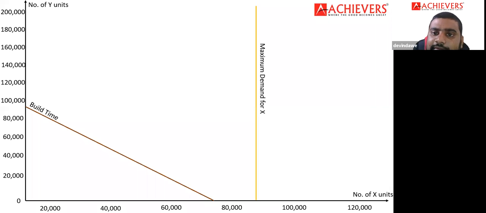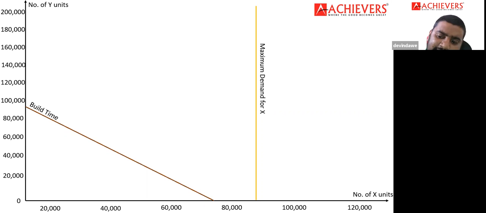Okay, right. Now let's draw the other lines. So next, let's draw the maximum demand for Y. So the maximum demand for Y is how much? Y equals 66,000, right? There is only one coordinate for that, only the Y coordinate.